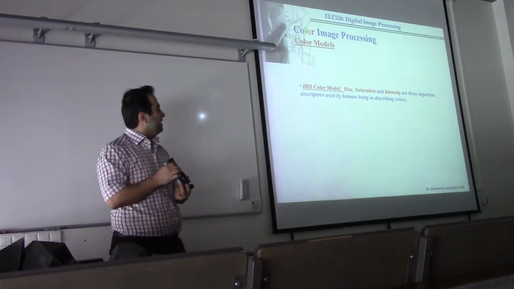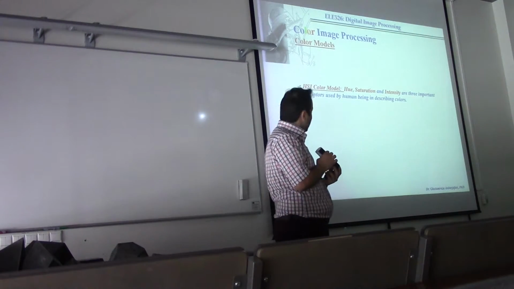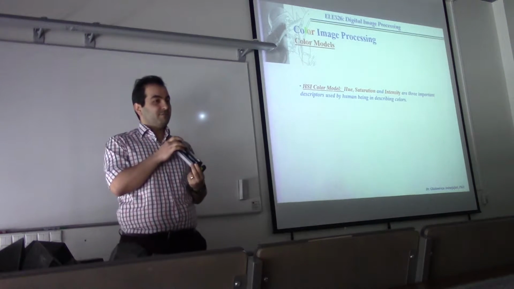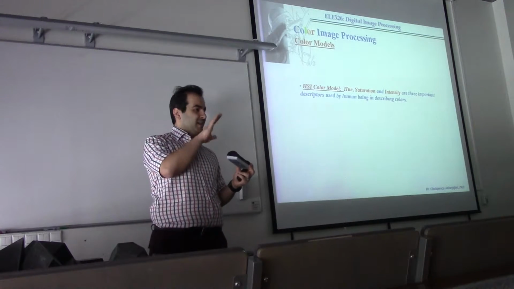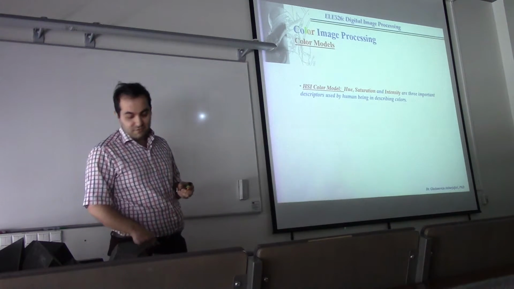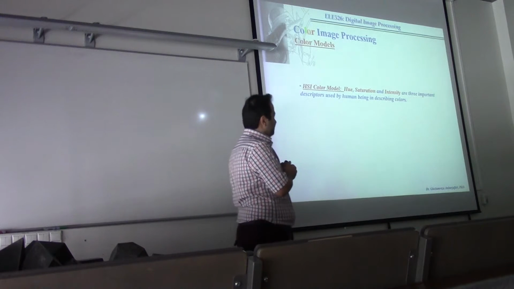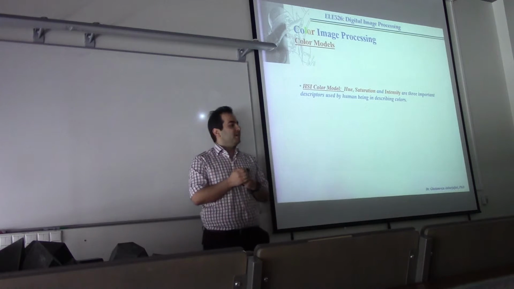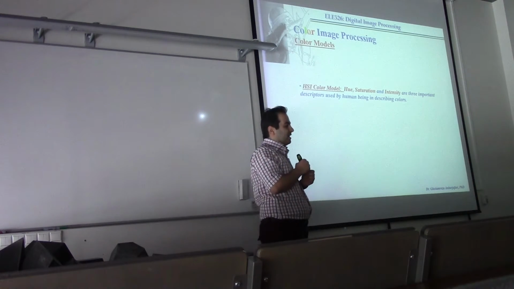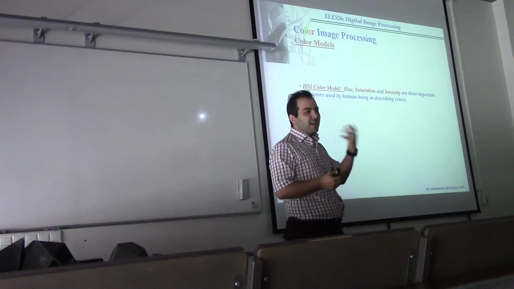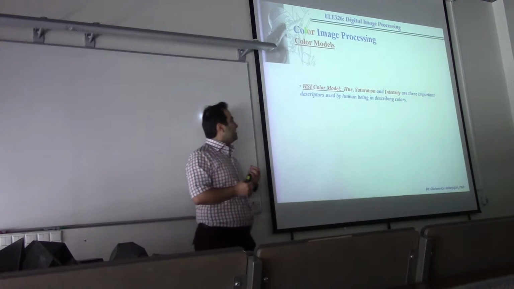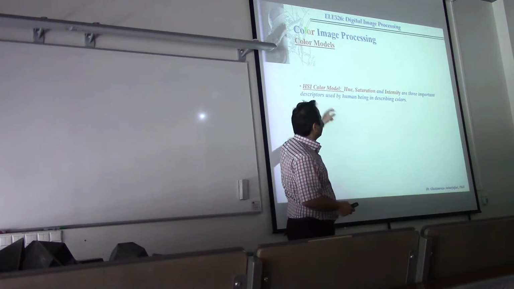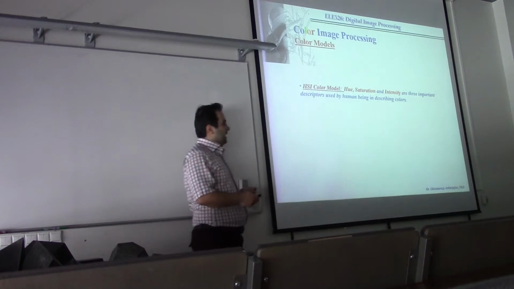But when the weather is rainy, and then we take the photo of this, the color is a little changed, and also when we have some limitation from the light, we can't get really the exact color that we want. For this problem, we can use the HSI color model.